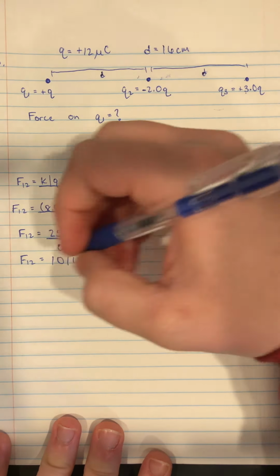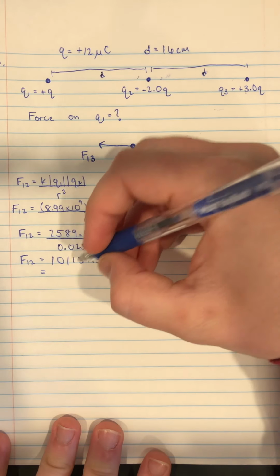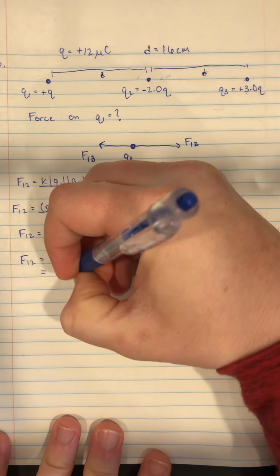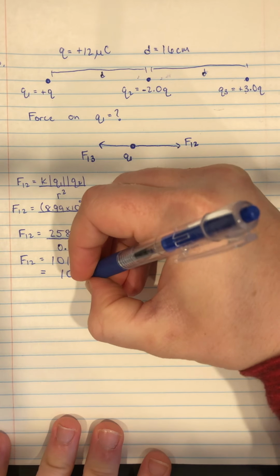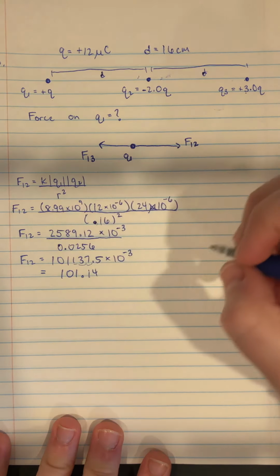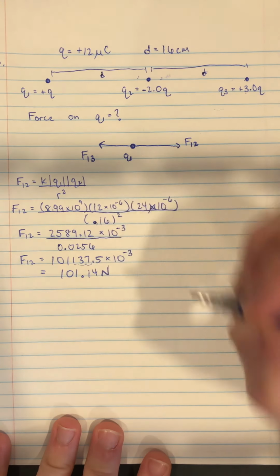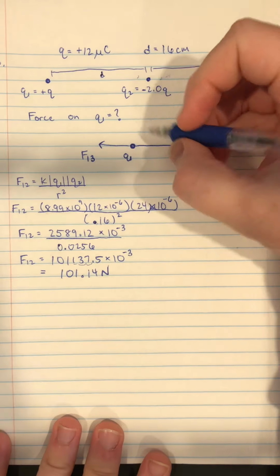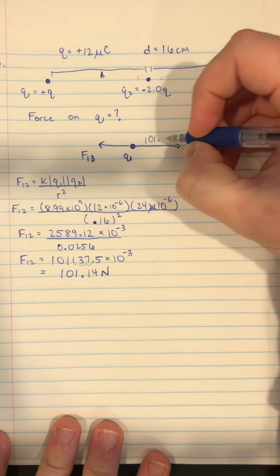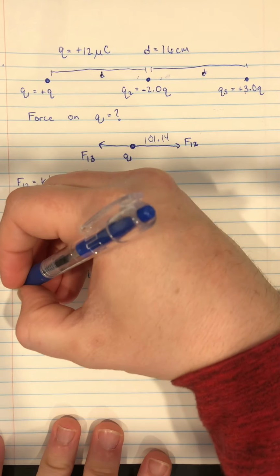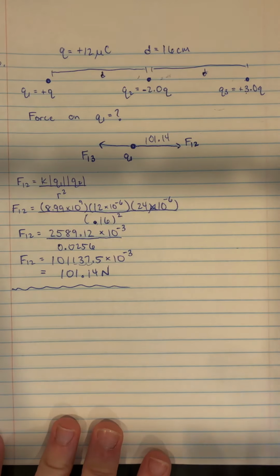So we'll get F12 is equal to, move the decimal place 3 places, 1, 2, 3, 101.14, we'll round there, newtons. 101.14 newtons in the positive direction. All right, so there is the force from Q2.